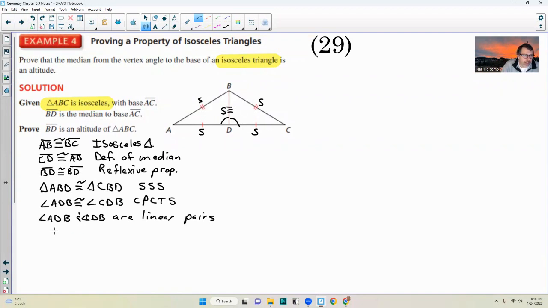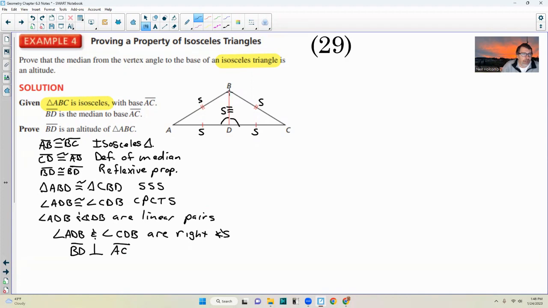So now I can say that angle ADB and angle CDB are right angles. And since they're right angles, segment BD is perpendicular to segment AC.